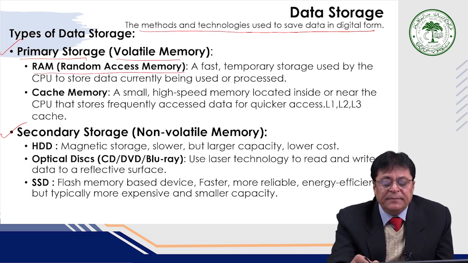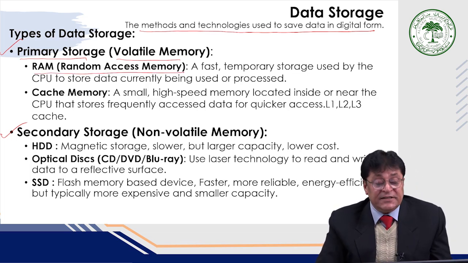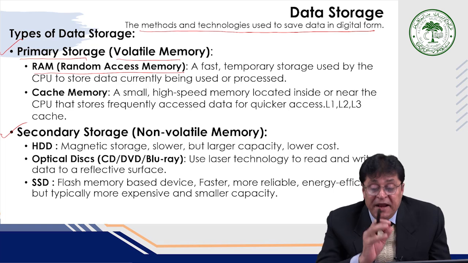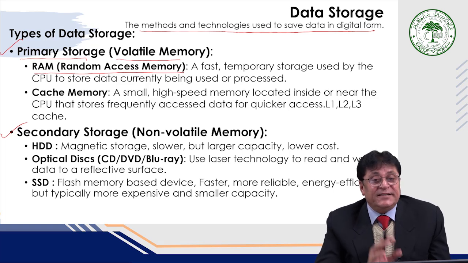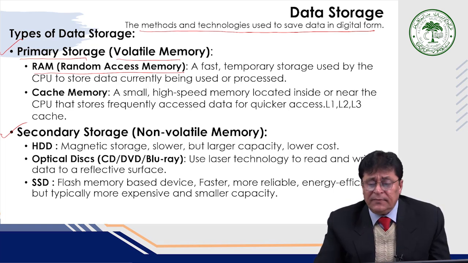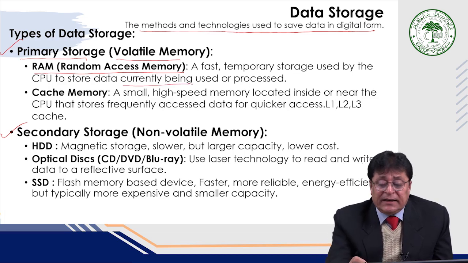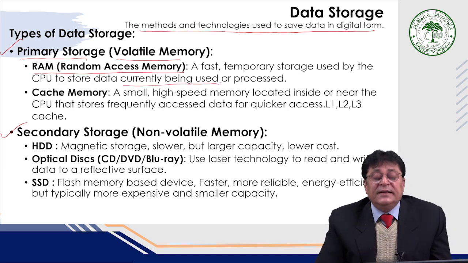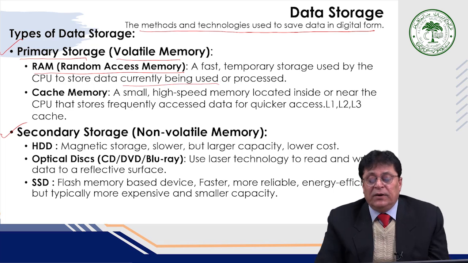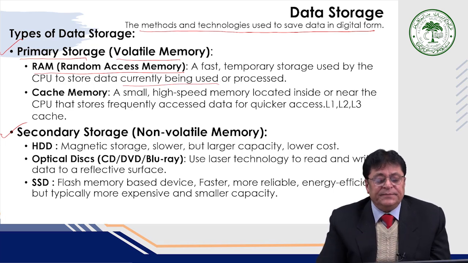Random access memory, RAM, is the fast, main memory of the computer system. It's a temporary storage and it holds the current data the CPU is working on or processing.